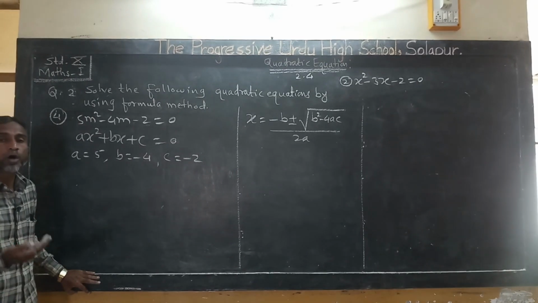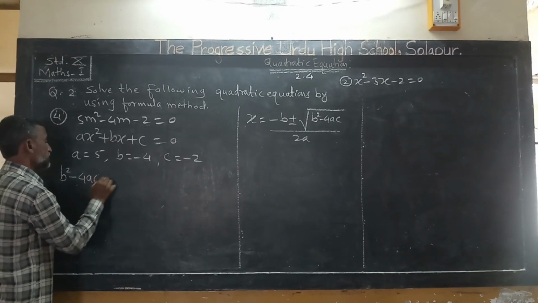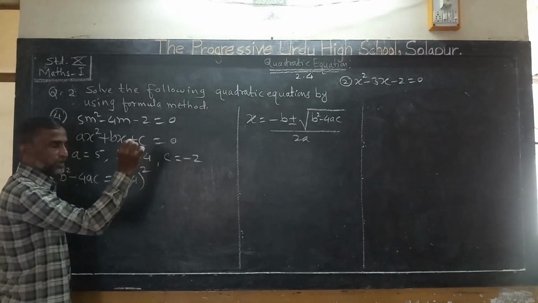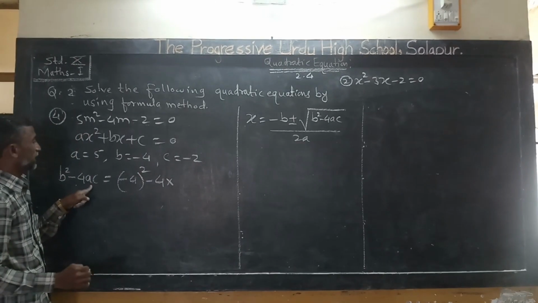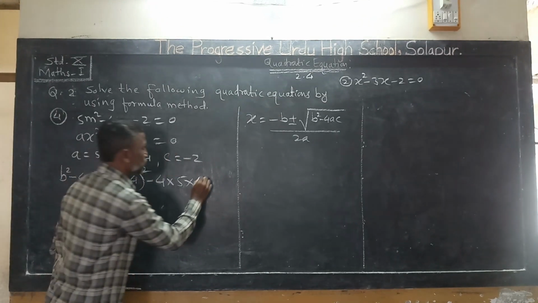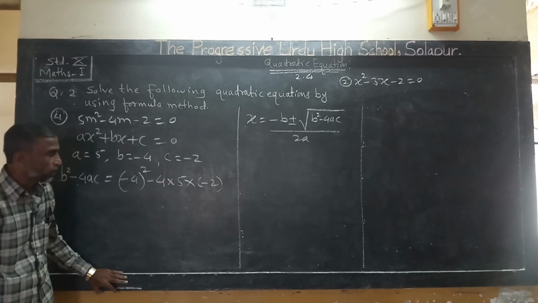We have written the values of a, b, c. Now find the value of b square minus 4ac. b square minus 4ac is equal to, b is minus 4, minus 4 bracket square, minus 4 into a is 5 into c, c is minus 2. We have put the values of a, b, c.